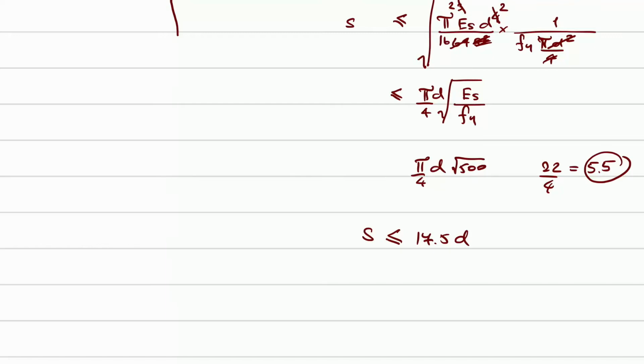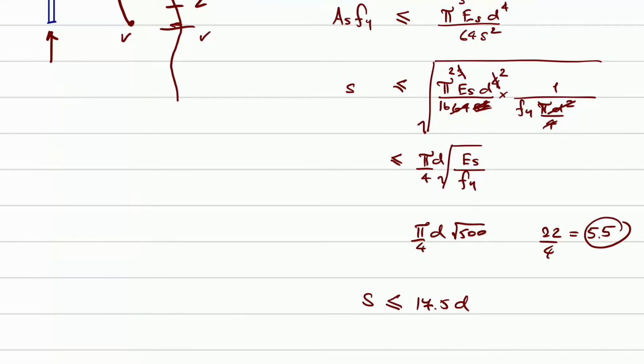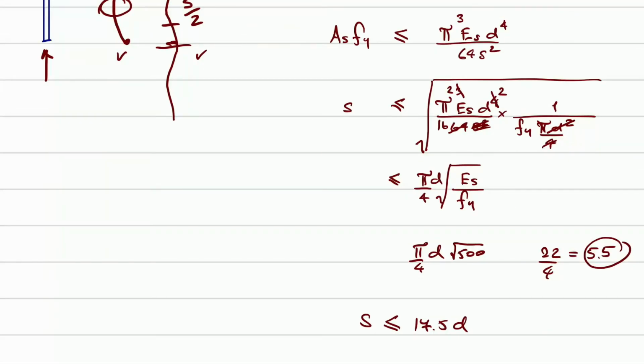S has to be less than this figure. Still large. I remember that it was somewhere around 4 to 8 diameters from this calculation. Or maybe Fy could be, yeah, larger, Fy number is larger.